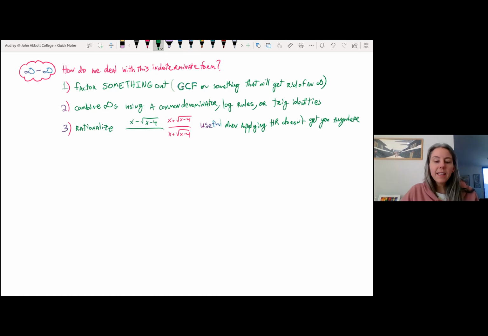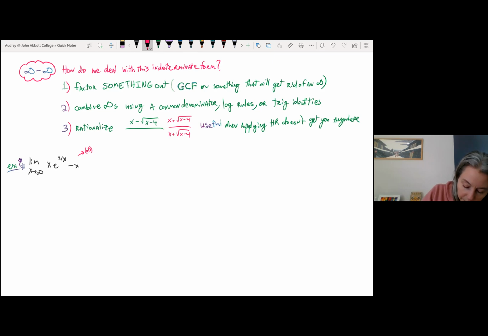Okay, so with this in mind, let's start off with the most basic example of this. So I might have something like the limit as x approaches infinity of x e to the 1 over x minus x. And now when I plug in here, I'm going to end up with infinity times e to the 1 over infinity minus infinity.